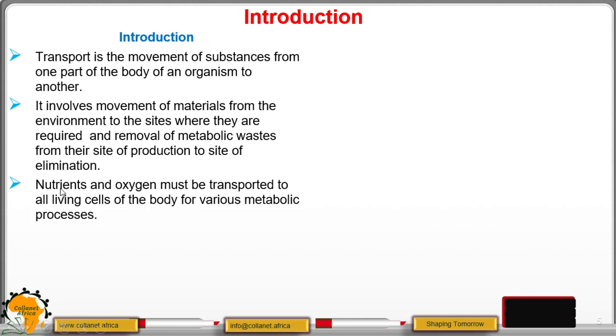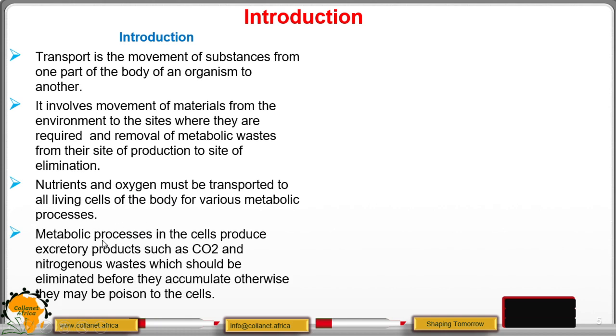Remember, nutrients and oxygen are the raw materials needed by the cell, and they must be transported to all living cells of the body for various metabolic processes. These metabolic processes in the cells produce excretory or waste products like carbon (IV) oxide and nitrogenous wastes, which should be eliminated before they accumulate or collect in excess in the cells.